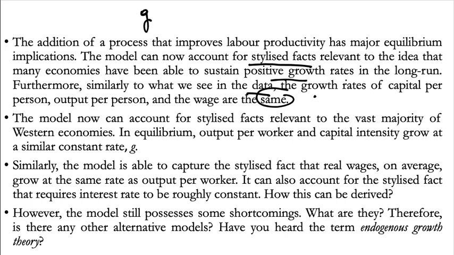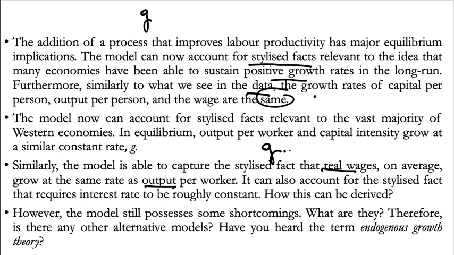Not only that, the model is able to capture the stylized fact that real wages on average grow at the same rate as output per worker. You can see the growth rate of real wage and the growth rate of output are the same, and that is g. It can also account for the stylized fact that requires the interest rate to be roughly constant.